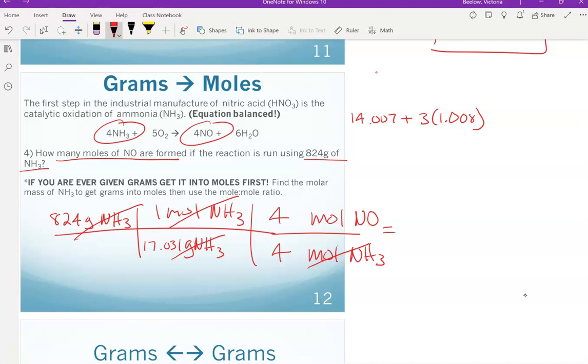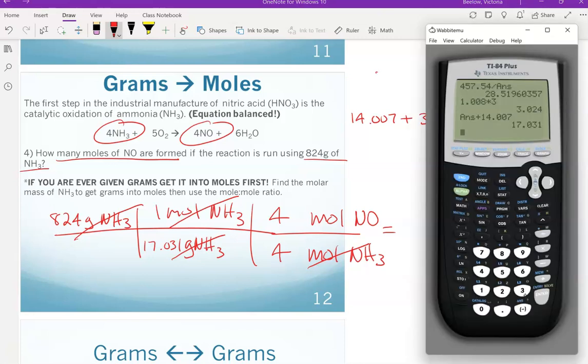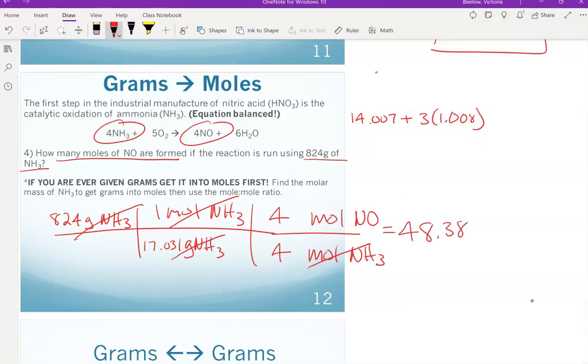But if you don't do that, that's okay too. It's 4 over 4, which is still 1-to-1. So I would multiply everything in the top. So 824 times 1 times 4 divided by 17.031 times 4. I'm going to get 48.38 moles of nitrogen monoxide, which is NO.